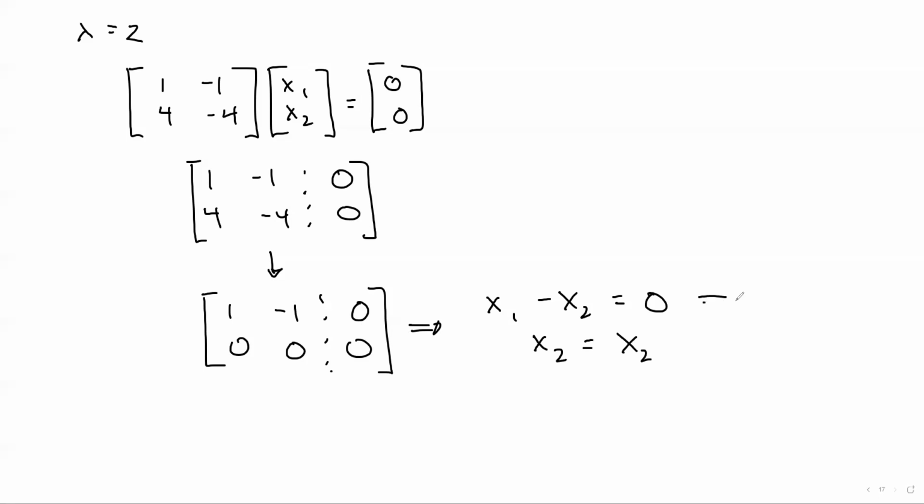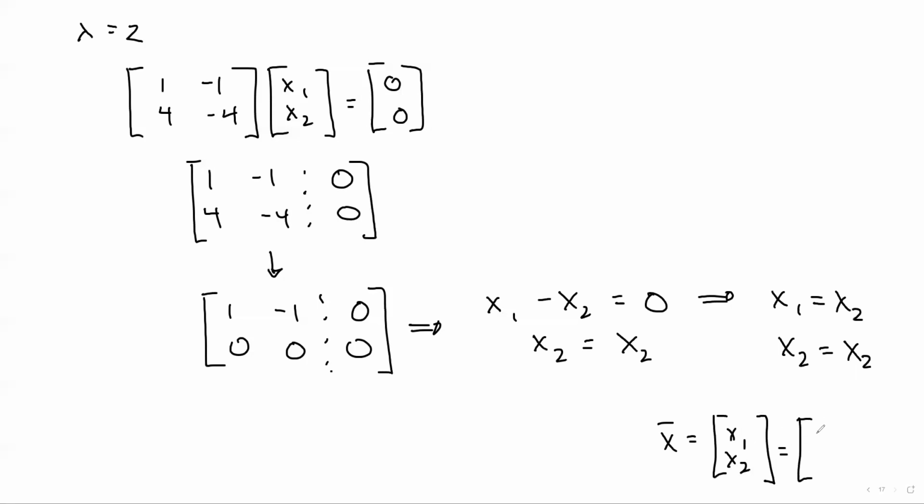From there, x1 equals x2 and x2 equals x2. So what we've got is that x, which is x1 over x2, equals [1, 1] times x2. Okay, so this is the eigenvector.